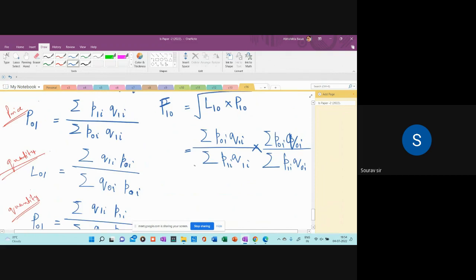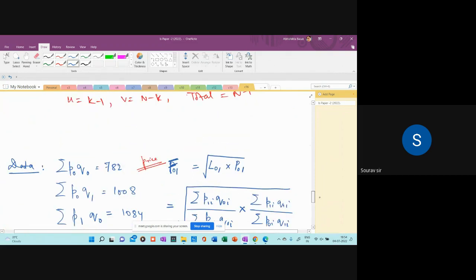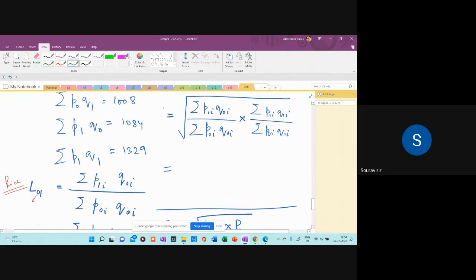Okay, now you need to find the value of this whole thing, and you need to tell me whether the values are coming right or not. So P1 Q naught, let's check out the value. P1 Q naught is 1084 into P1 Q1. P1 Q1 is 1329 divided by P naught Q1.